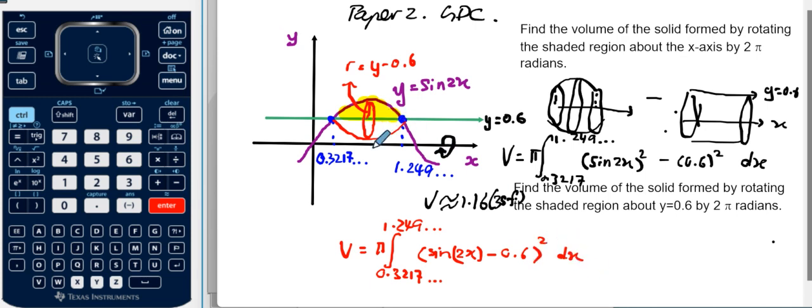And this volume here, you can see that it is possibly larger than this particular tube. I don't know, but we need to calculate it.